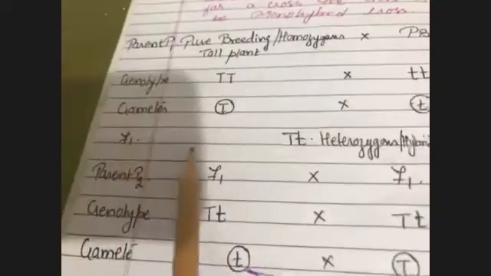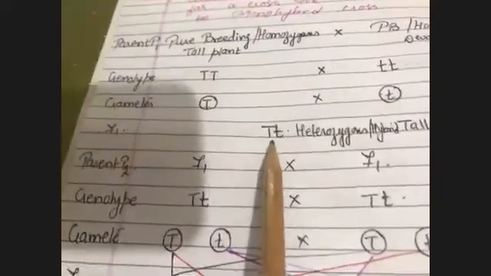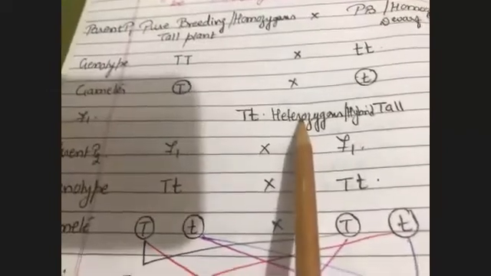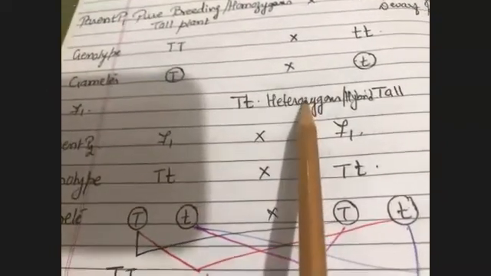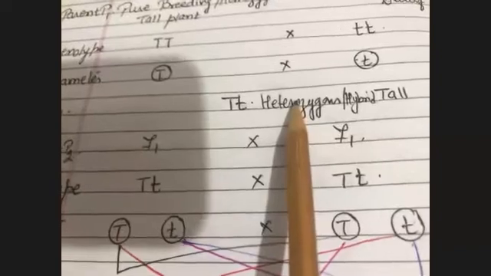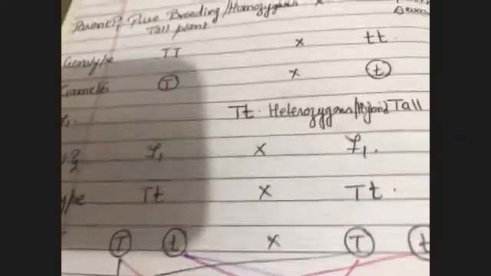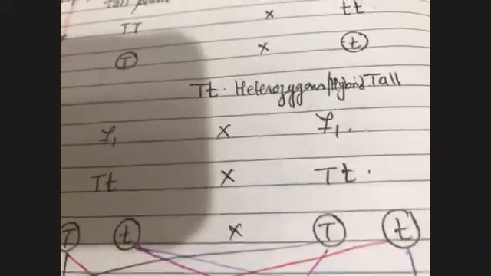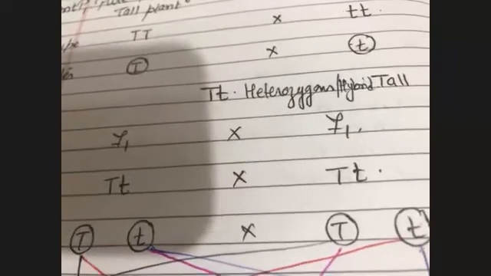The F1 generation so obtained is homozygous tall, bearing the genotype capital T, small t. Am I right? I think I have made some mistake.